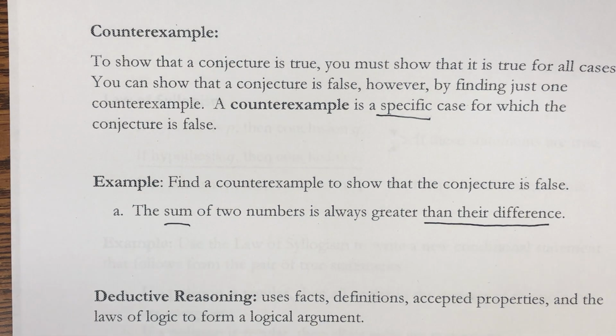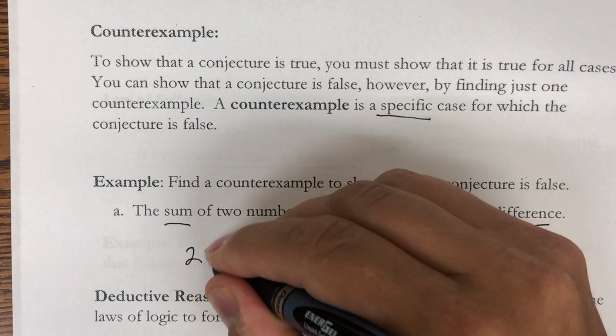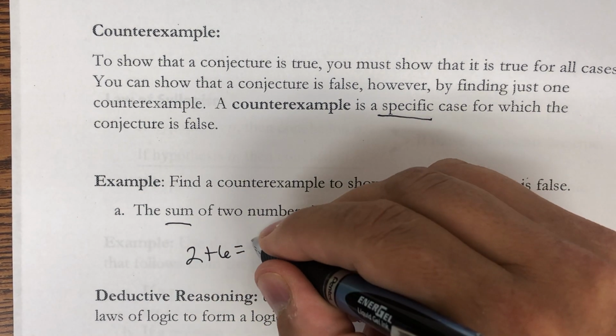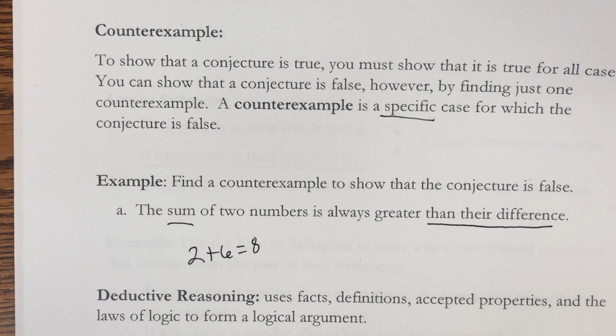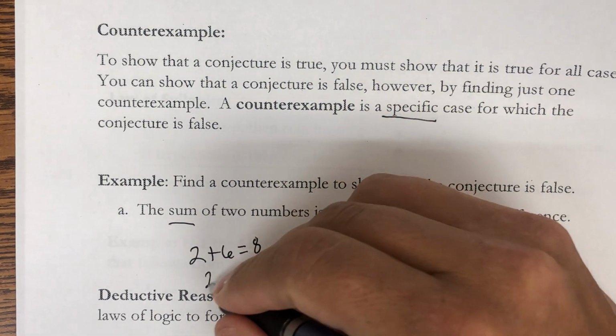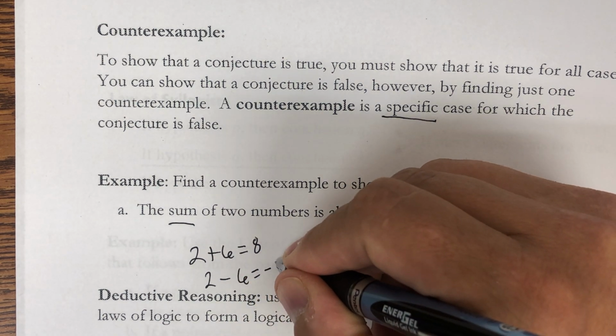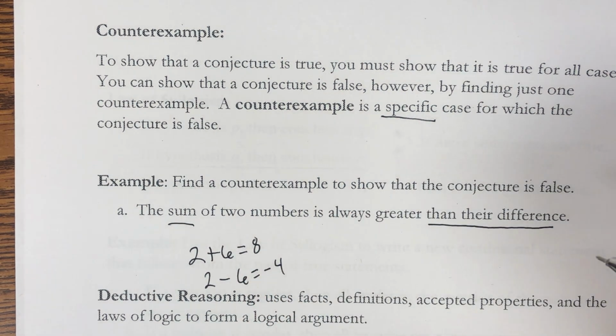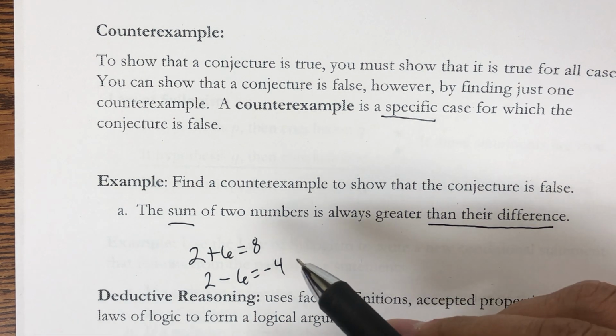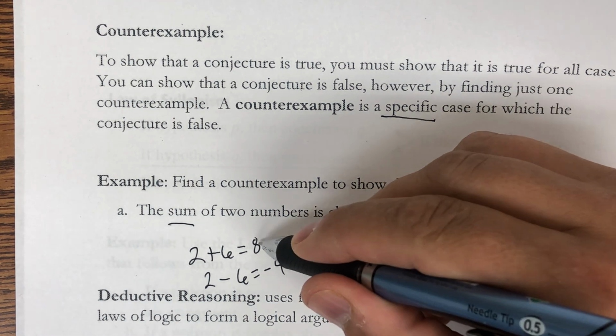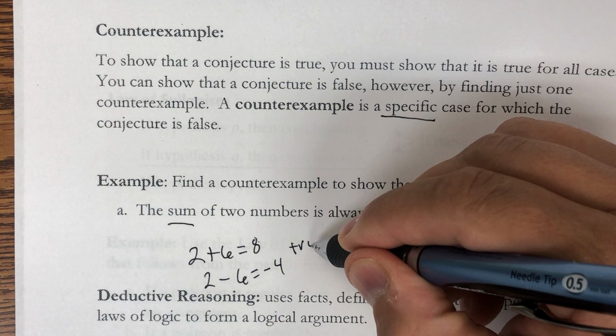So okay, let's try this. Let's go 2 plus 6 equals 8. Okay. 2 minus 6 is equal to -4. So did that work? I would say in this case it is true because 8 is greater than -4.